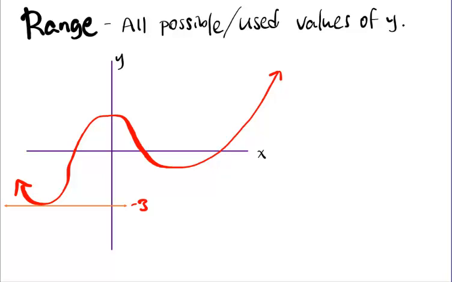Now, when I look at my domain and range and I use my interval notation, just like with domain, I need to know the minimum value of y that's included. In this case, it would be negative 3. So for my range, I start at negative 3. That's my smallest value. And then I look for my largest value. Well, you may be looking and you might go, hey, that's my largest value right there, where that maximum is right there in the middle. But that's not true. That's part of your graph, yes. But what do we know about your graph?